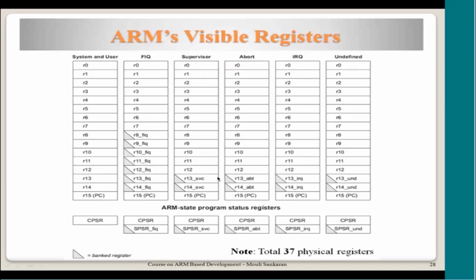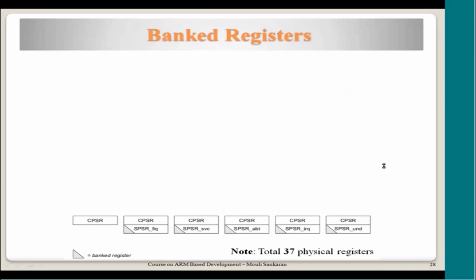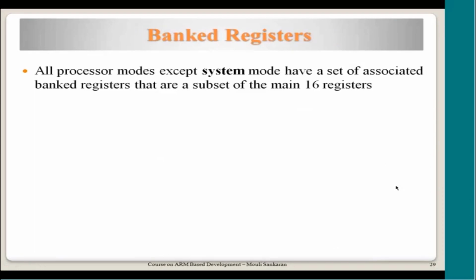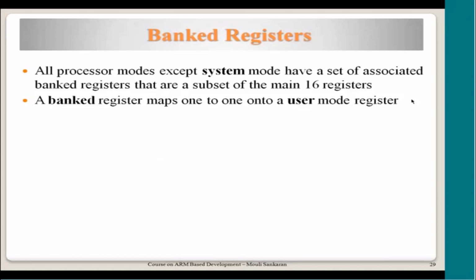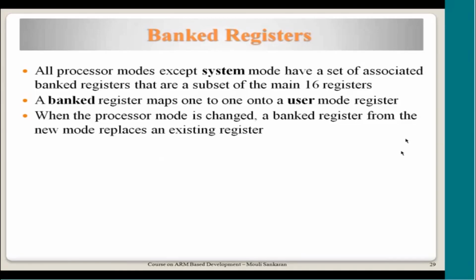These are the different banked registers available in ARM. All privileged modes except system mode have a set of associated banked registers. In system mode, the registers are the same as the user registers, and their banked registers map to the user mode registers. When the processor mode is changed, the banked register from the new mode replaces an existing register.